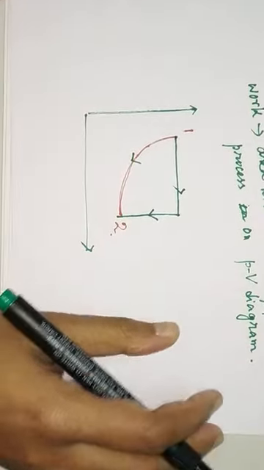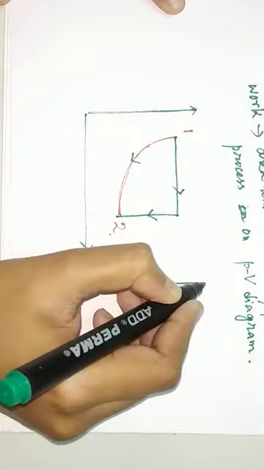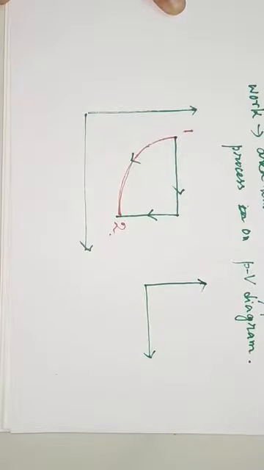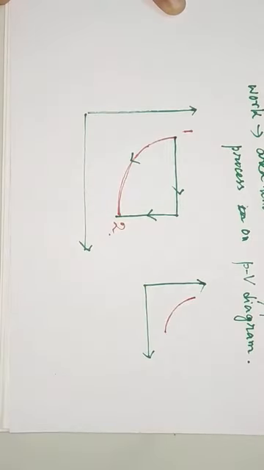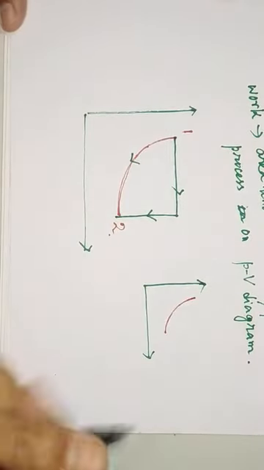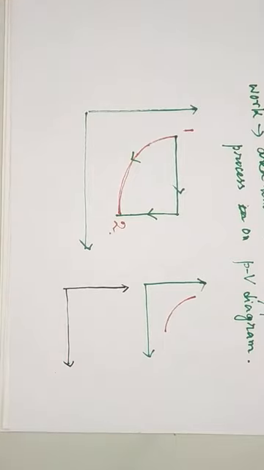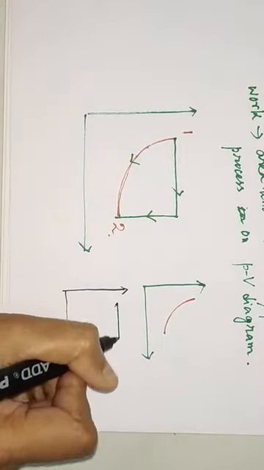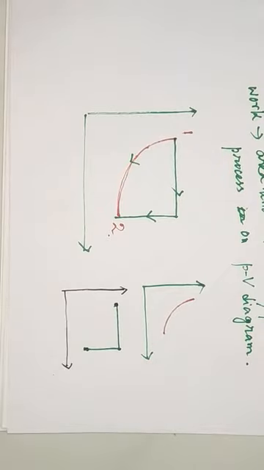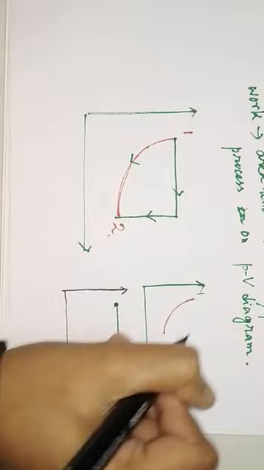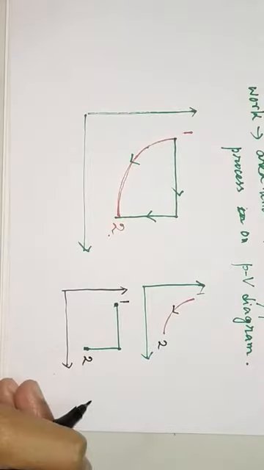So if we draw these two curves separately, this is the isothermal one, and then we have the isobaric and isochoric one. This is state 1 and state 2, and this is state 1 and state 2.